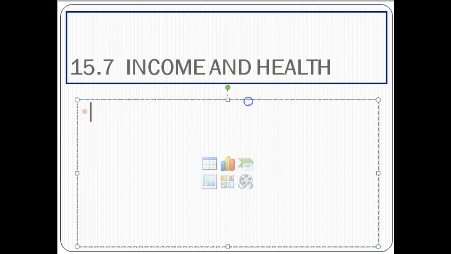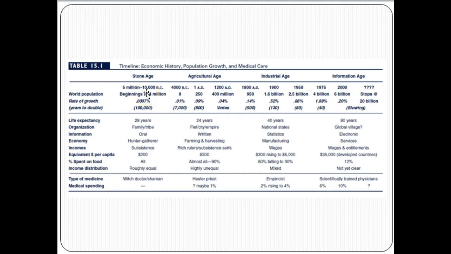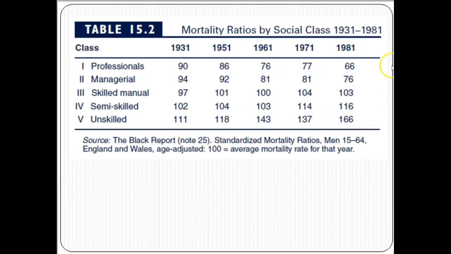Now, as we talk about income and health, in the 19th century, health declined despite higher wealth, but more recently, there's been a pretty strong link between health and income levels. And if we look at the mortality rates by social class, this is by job profession. So in general, the professionals, managerial, they're going to be making more money and thus can live healthier lifestyles than the unskilled.